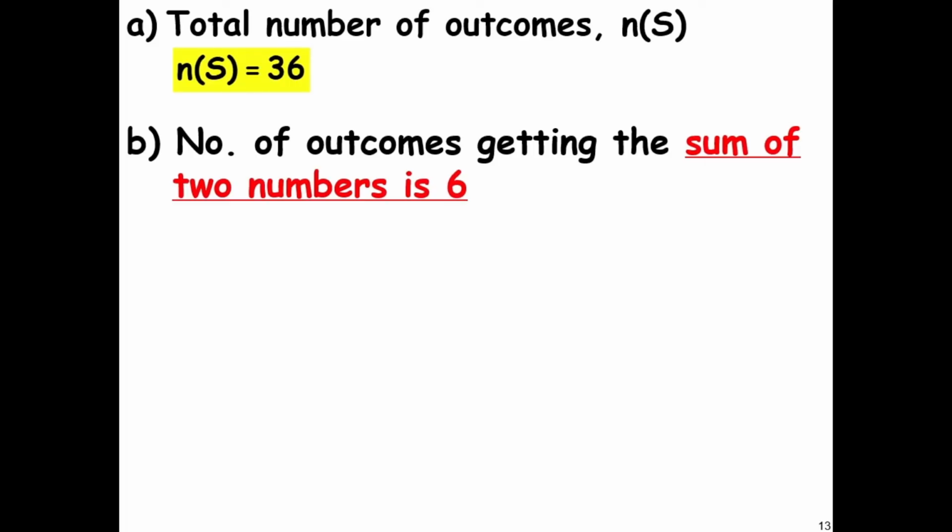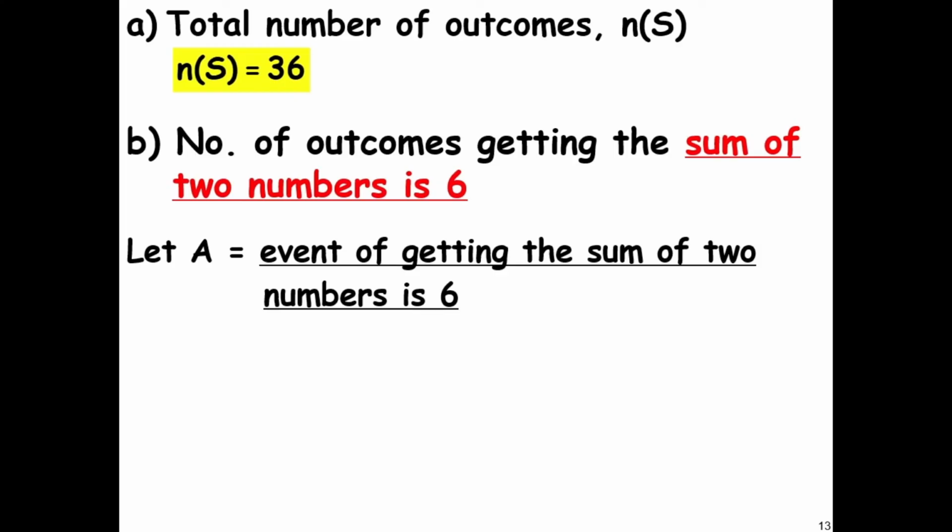Now with this out of the way, how many of these outcomes satisfy our criteria of the sum of two numbers being 6? We start by letting A be the event of getting the sum of two numbers is 6.